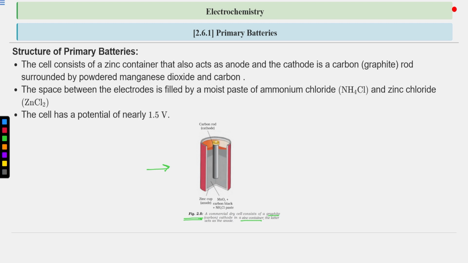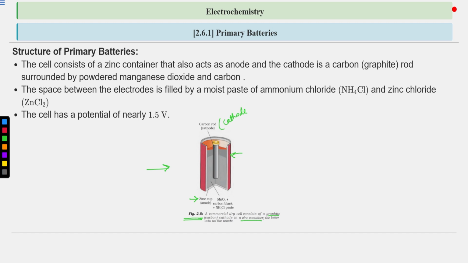This silver rod here is a carbon rod, which is acting as the cathode, and this cathode is in a zinc container, which is acting as the anode. It is also written here, zinc cup anode. And this silvery thing is MnO2 plus carbon black plus NH4Cl paste, which is the space filling substance between the anode and the cathode.